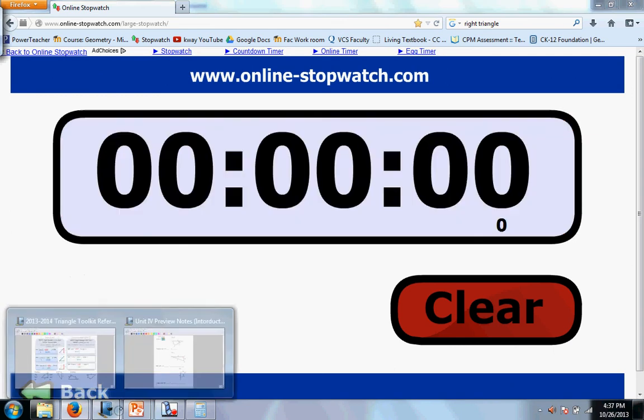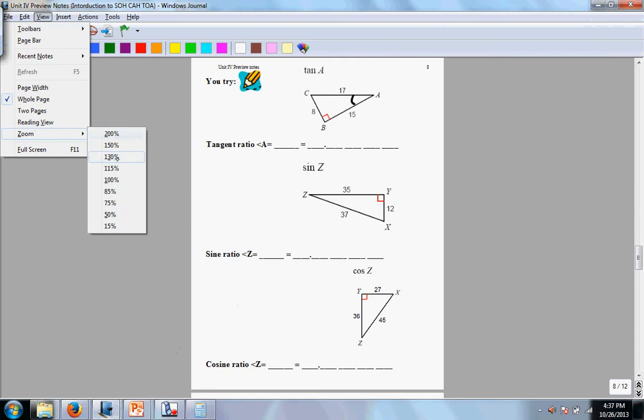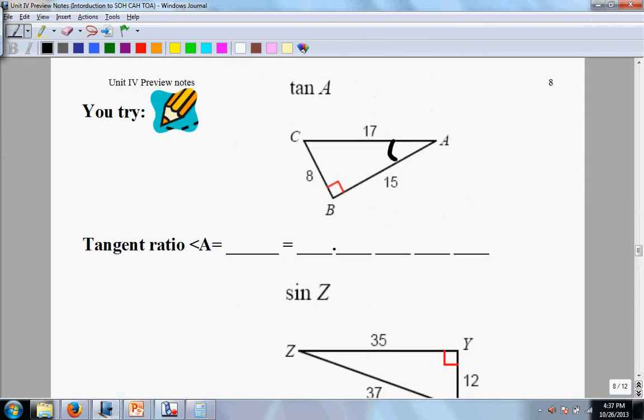Okay, let's see how you did here. So if we want the tangent of angle A, that's going to be TOA. So we label from angle A, our opposite is going to be 8, and our adjacent is going to be 15.